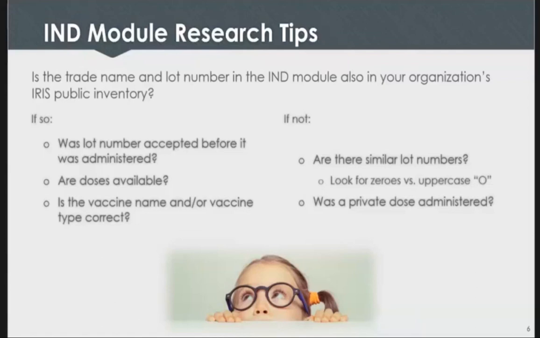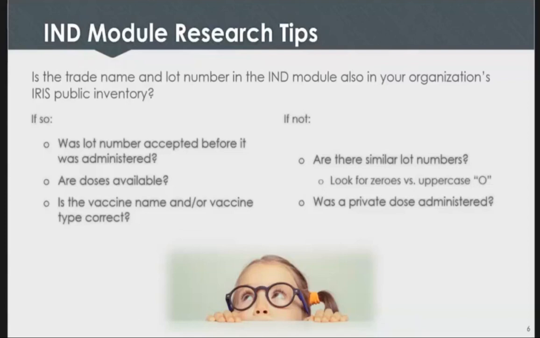It's also notable to mention we've had several requests to add lots or add doses to inventory because, for example, like with polio, some clinics have stated they've administered 12 doses out of a 10-dose vial. We won't manually add doses into your inventory because that's part of the vaccine accountability process.